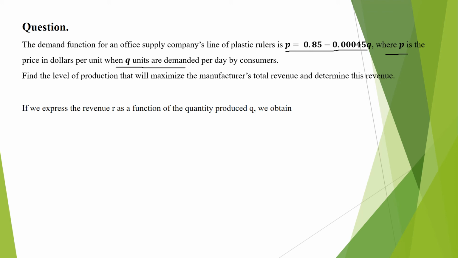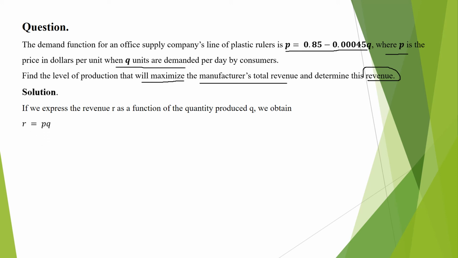So here, find the level of production that will maximize the manufacturer's total revenue. That means we need to find the vertex. The coordinate of the vertex will be the maximum point. So at the end we need to find the total revenue.